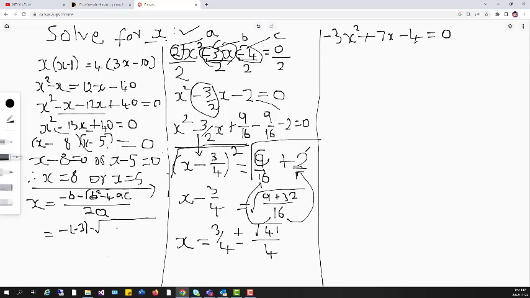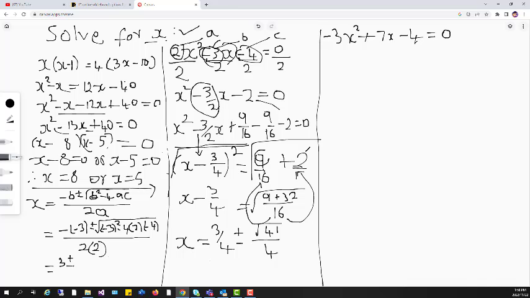Minus square root of b squared, we have minus 3 as a b, so we have minus 3 squared, minus 4, our a is 2, and c is minus 4, all over 2, a is a 2. This will be equals to negative times negative 3 is positive 3, and then this is a plus or minus here from the formula.